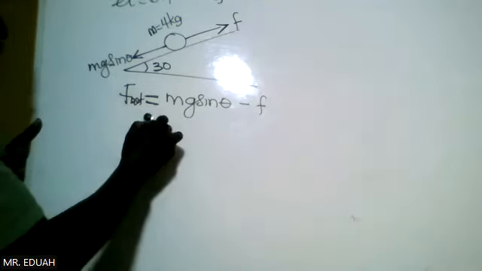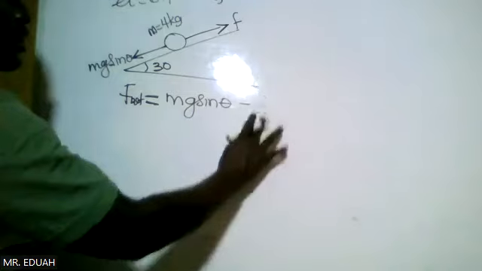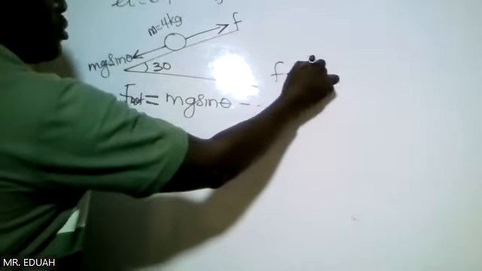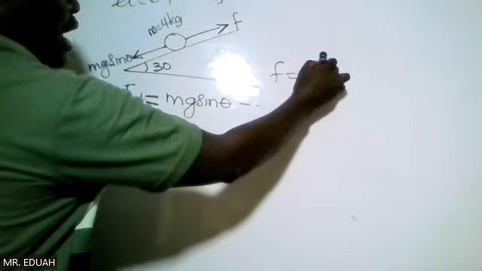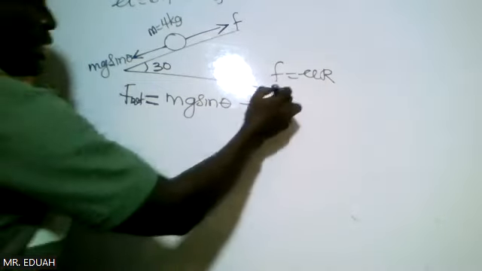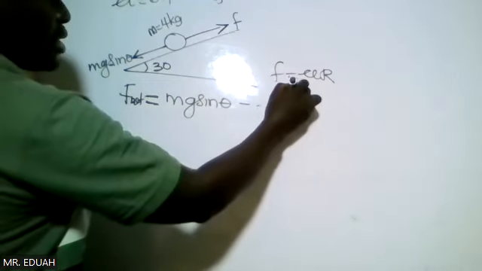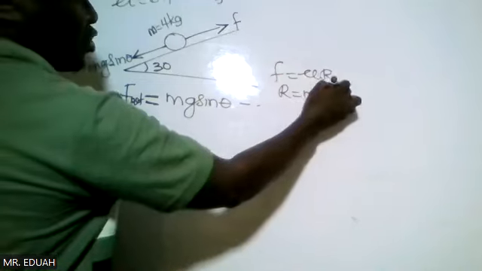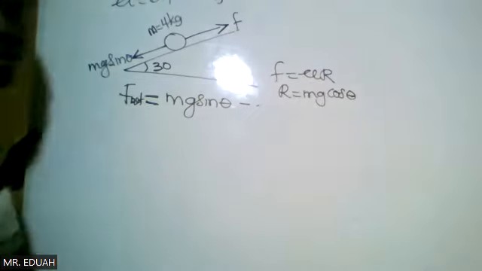The frictional force F is also mu R. On an inclined plane, R is equal to mg cos theta.